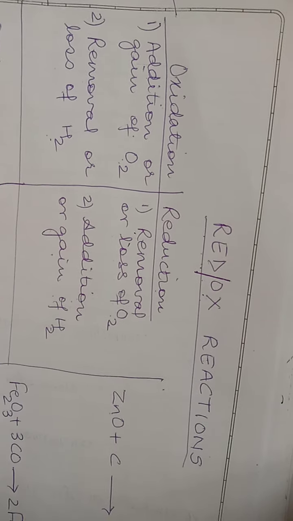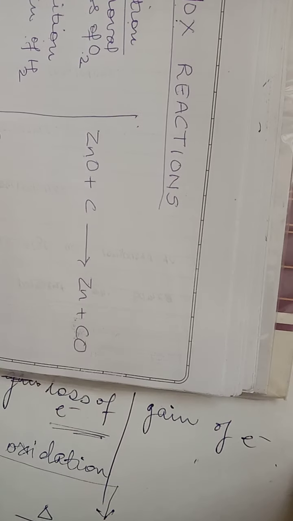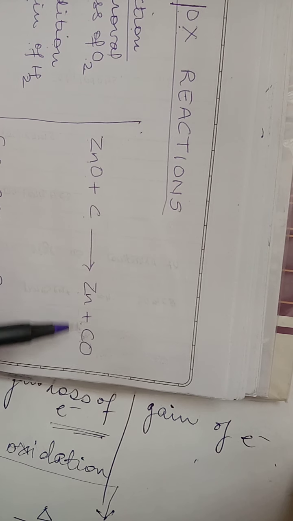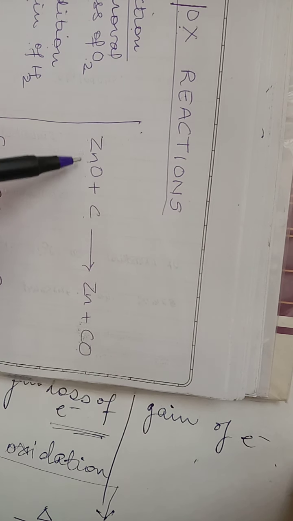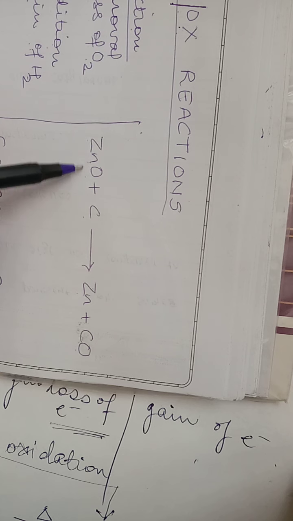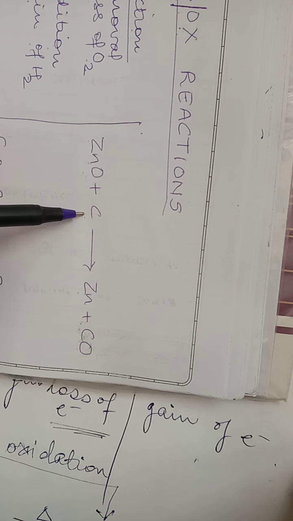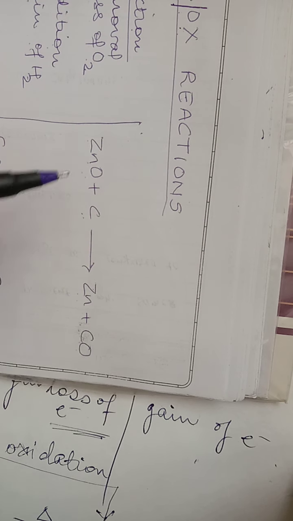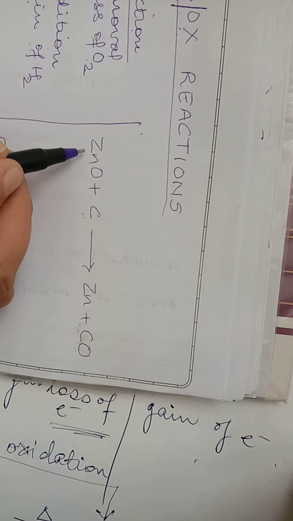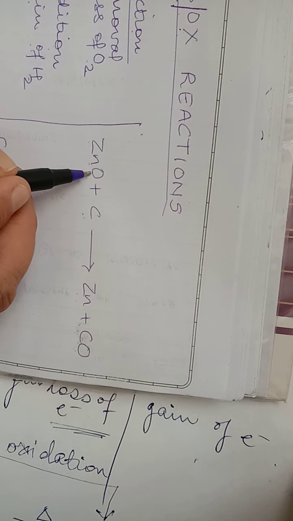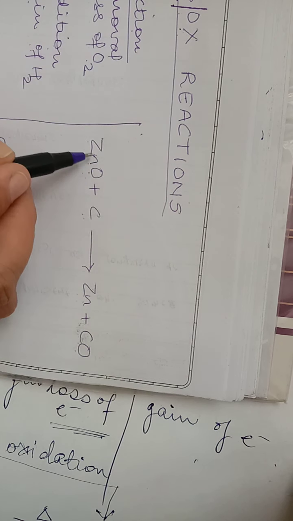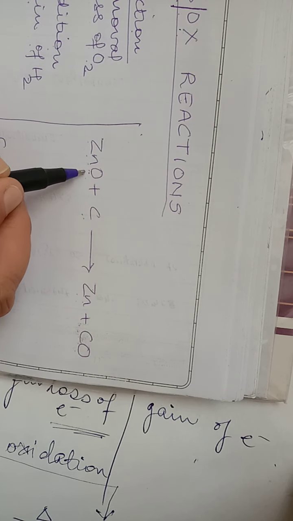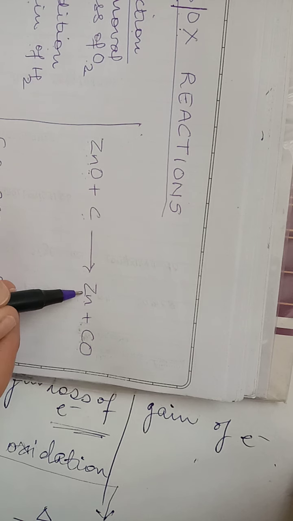Now let us understand this with a chemical reaction: zinc oxide plus carbon gives zinc plus carbon monoxide. On the reactant side we have ZnO and carbon C. On the product side, we have zinc and CO. Zinc oxide has lost its oxygen, or there is removal of oxygen from zinc oxide, and it converts into zinc.